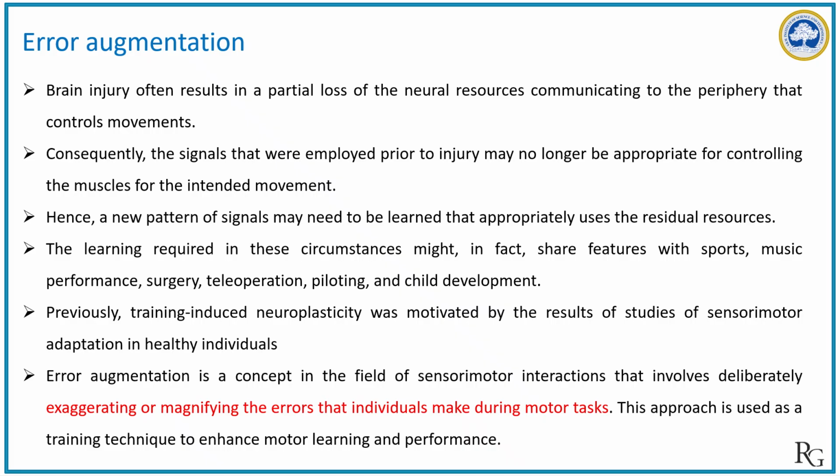To move accurately, the brain must rely on an internal model, a kind of mental simulation or prediction of what will happen when we move. But after the injury, this internal model may be broken or outdated.